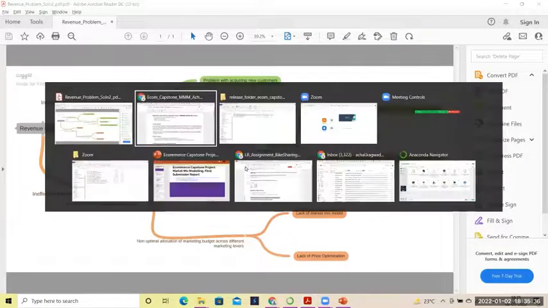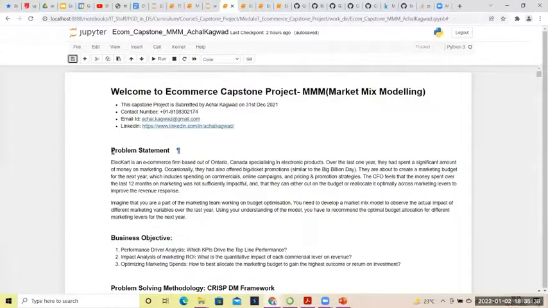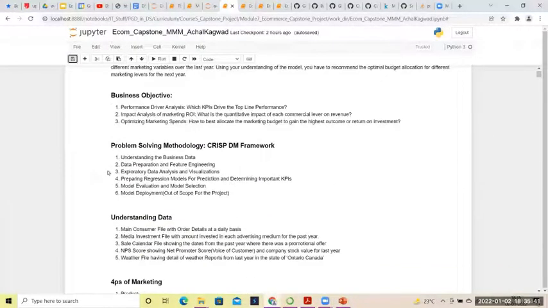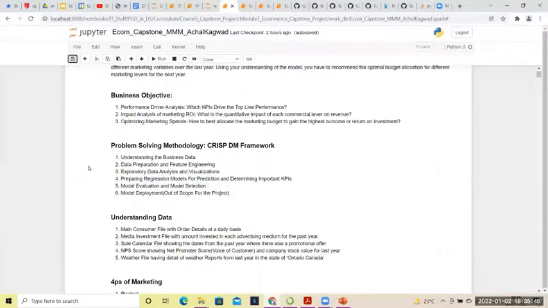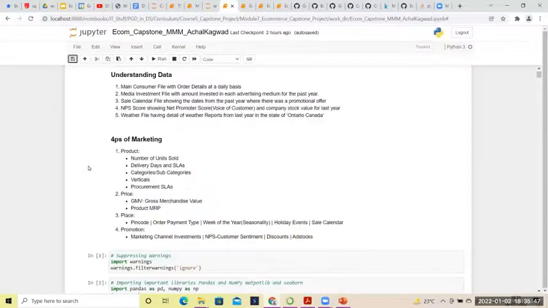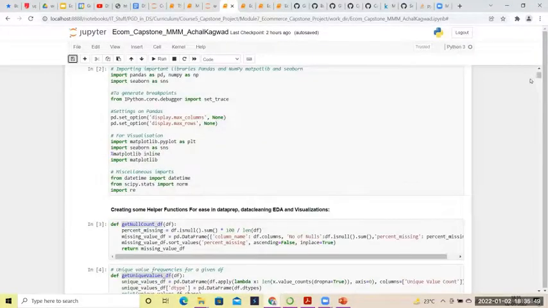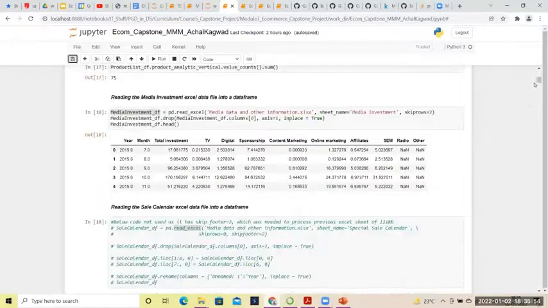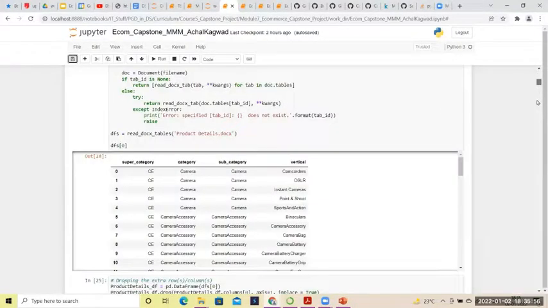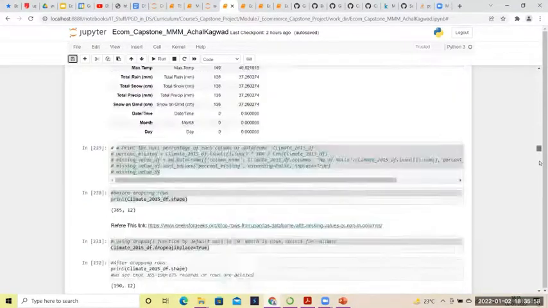Okay, so I'll run through the code. This is the code that we ran. I did around 680 lines of code, I suppose, starting from importing to EDA and everything.